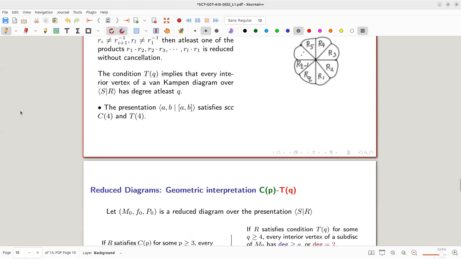You see, in this case, again, we are going back to the presentation of z square. Look at any interior vertex, or any diagram like this. You see that the degree of that vertex is 4, any one. So this presentation satisfies T4 condition.